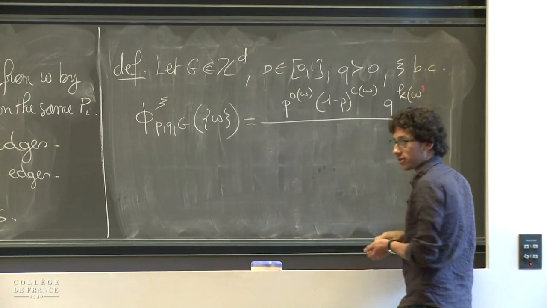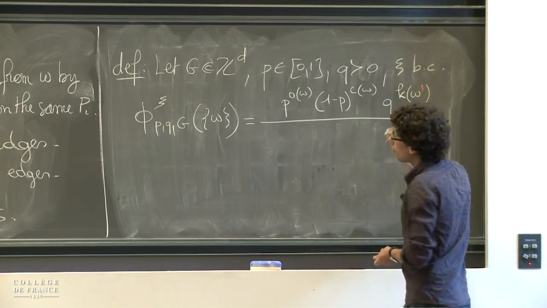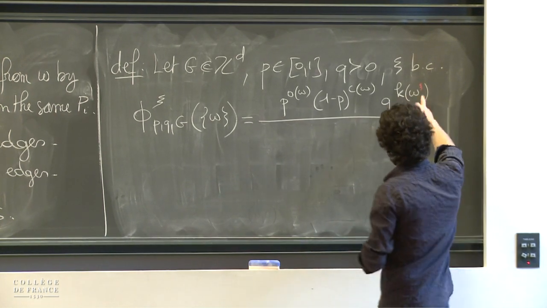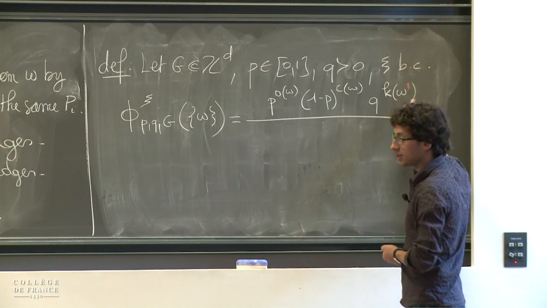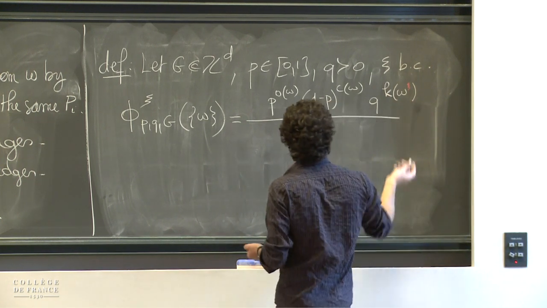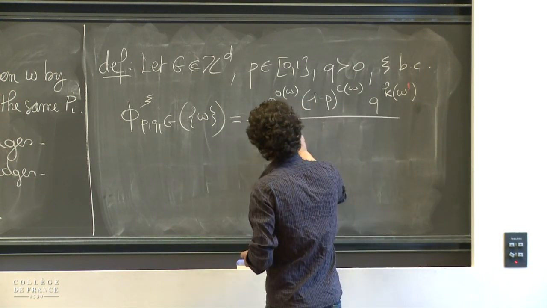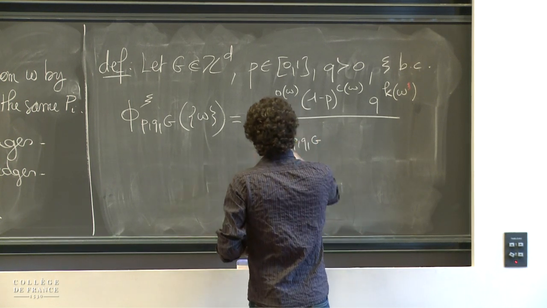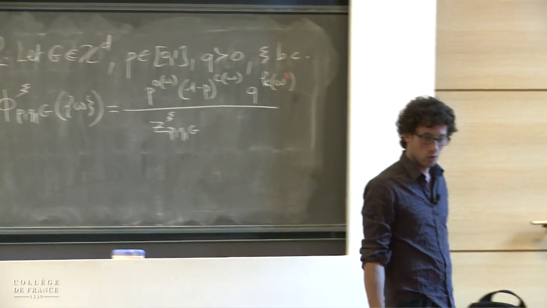So I count the clusters in the graph omega^psi, not in omega. So depending on the boundary conditions, this quantity can differ. And if I stop like that, it's not a probability measure, so I'm going to just renormalize by a partition function.